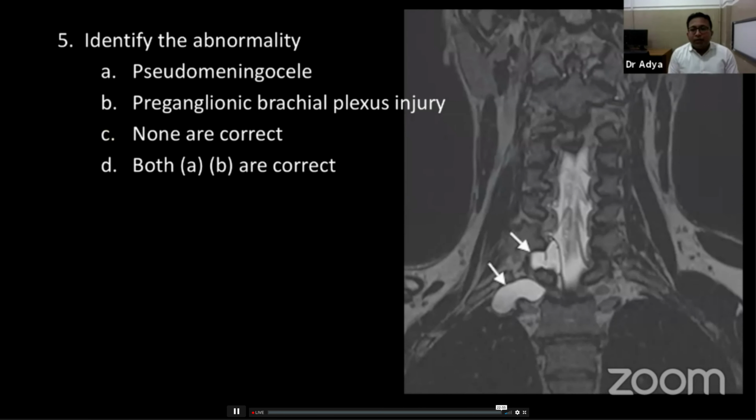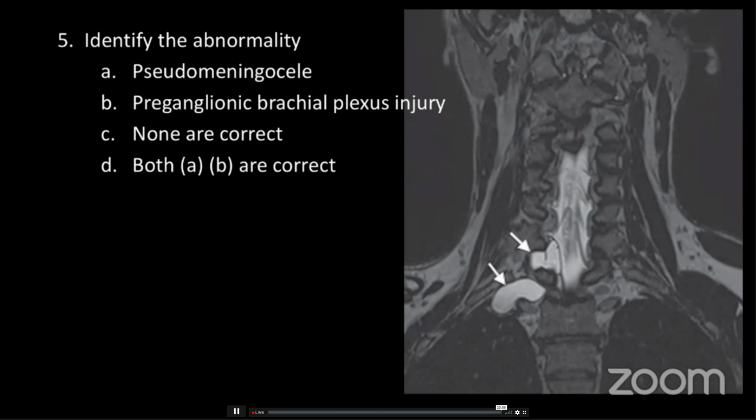Question 5, identify the abnormality. A, pseudomeningocele. B, preganglionic brachial plexus injury. C, none are correct. D, both A and B are correct. The poll is live, sir.